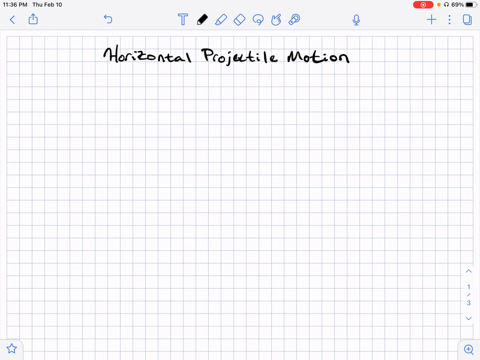Hey there, we're going to go over some horizontal projectile motion notes. Now, there's two things that really classify an object to be in horizontal projectile motion. The first one is that the object has an initial horizontal velocity.